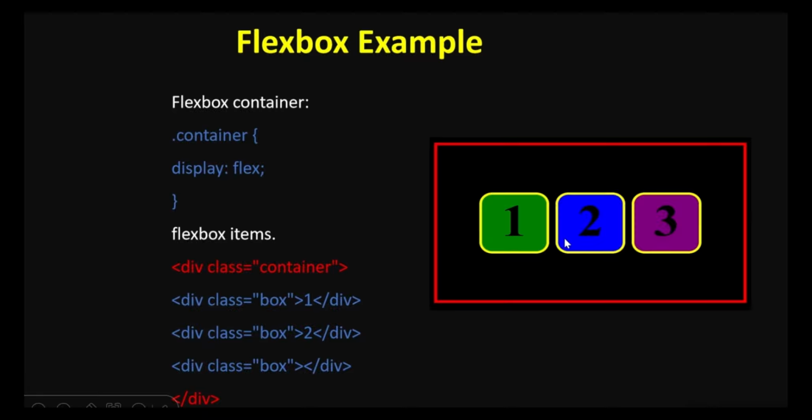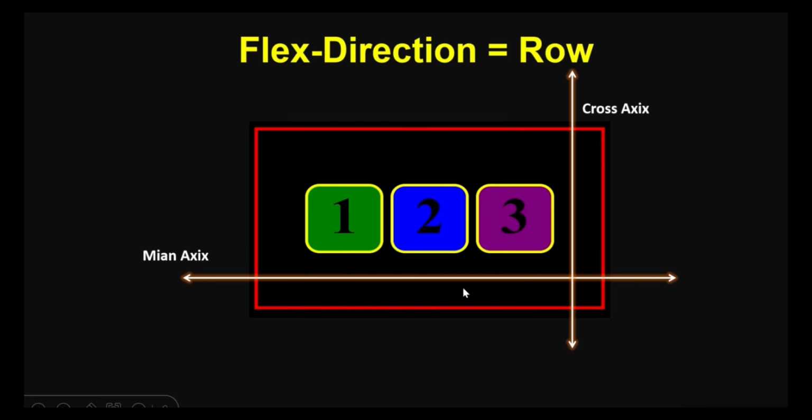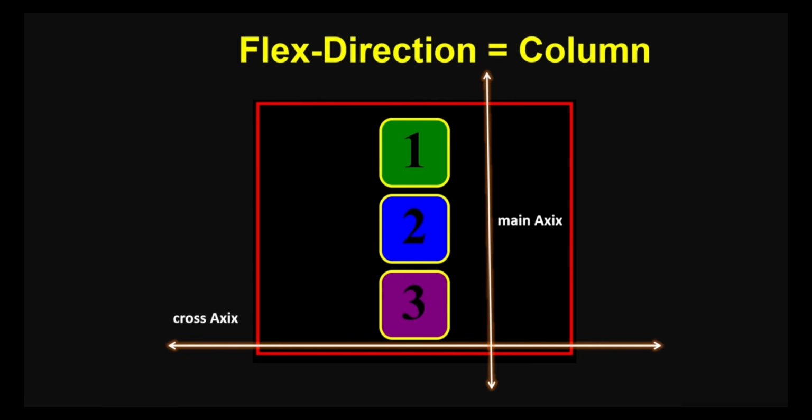We can align these flex items horizontally or vertically. We have another property of flex called flex direction, which may be row or column.